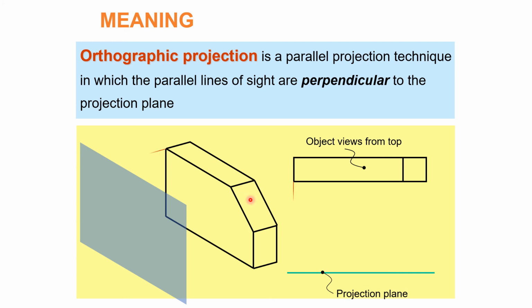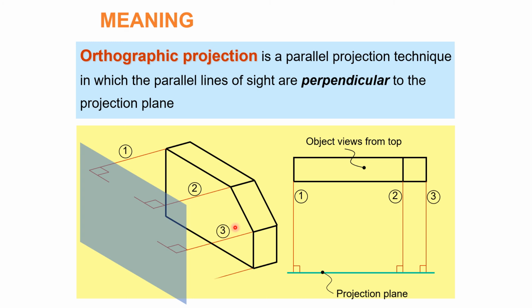Here first point in the top, second point, third point, here also the fourth point will become at the same location, and the fifth point again comes at the same location as 1. So now join these lines. So that is the orthographic projection, means the lines of sight are perpendicular to the plane of projection.